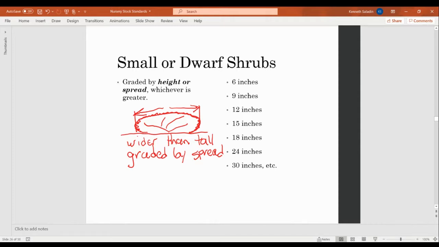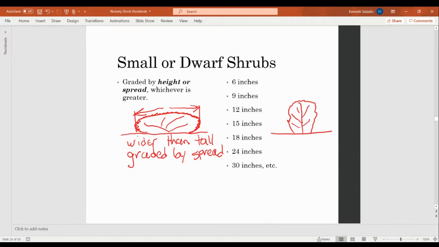So if a particular species, a particular cultivar of shrub grows wider than it does tall, then we're going to be grading it by its spread. If it grows taller than wide, let me show you another picture here. There's the ground again, and now let's say we have a shrub that grows like this, and there's the branching structure in there.